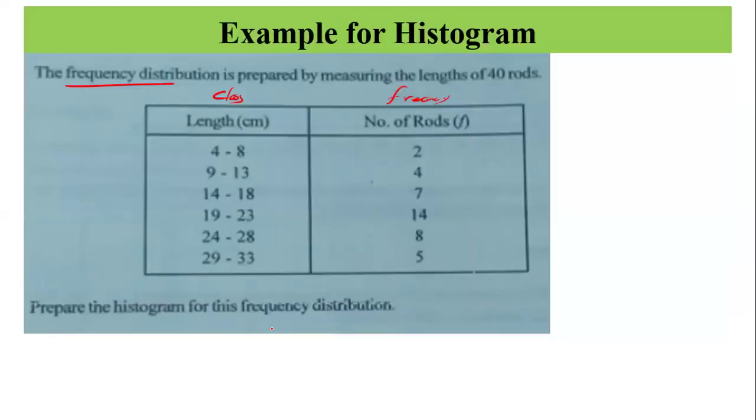Based on this, we try to find the class boundaries, lower and upper. Considering the first class, 4 to 8, Jayakala, can you say what the lower class boundary and upper class boundary are? 4 and 8 are the class limits: lower class limit 4, upper class limit 8.